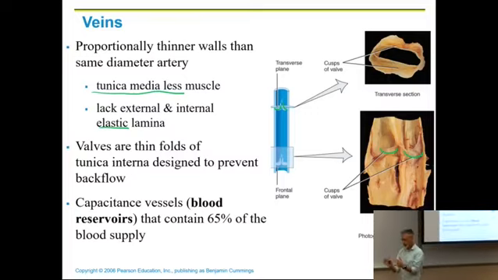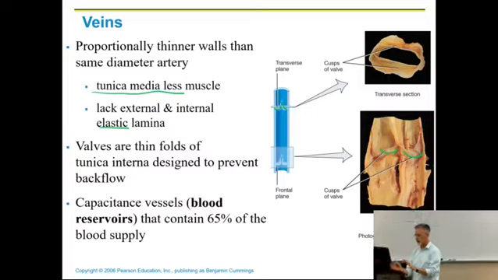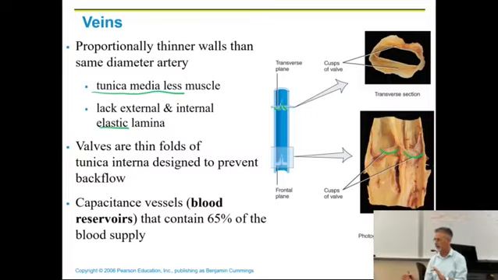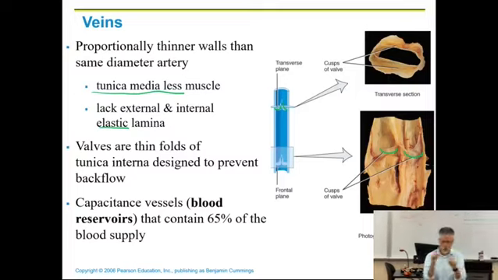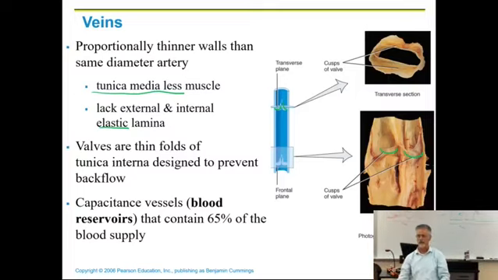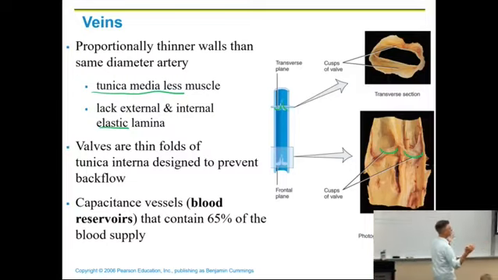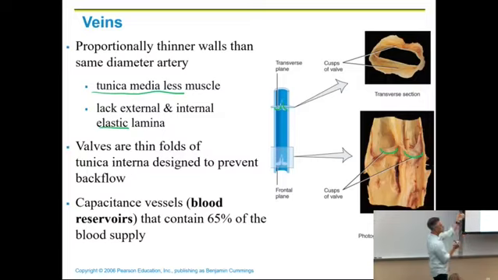Because the blood pressure and the blood flow is a little bit slower there, at any given moment, if we're trying to see where's the blood in the body, a lot of it is sitting and moving slowly through the veins instead. So they're often called blood reservoirs. Now they do have smooth muscle, so if we constrict them, that also helps to squeeze it through, kind of like squeezing a toothpaste tube, right?